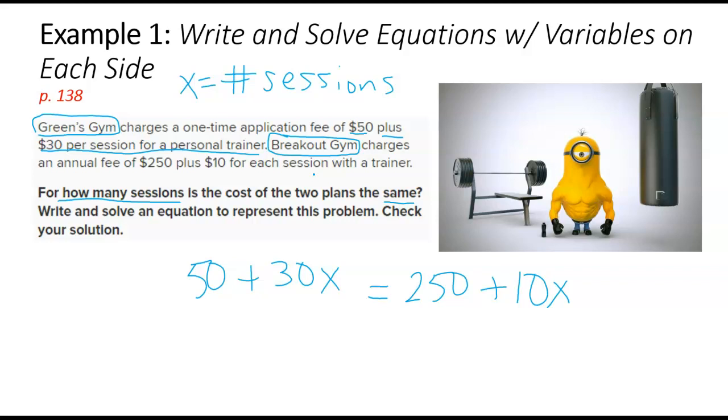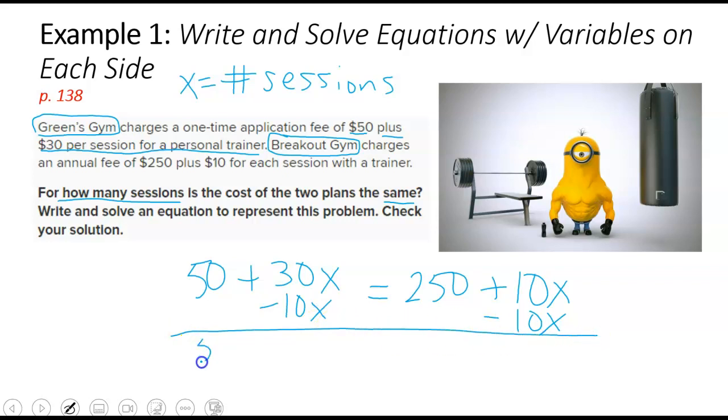So now we're solving. We have variables on both sides. Remember, we want variables on only one side. So I'm going to subtract 10x from both sides here. And so this is 50 plus 20x equals 250, and that cancels out. And then remember, we want to get x alone, so we have to get rid of the 20 and the 50.